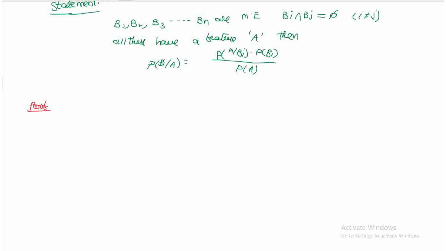In order to prove this, we know that B1, B2, B3 all are mutually exclusive events.